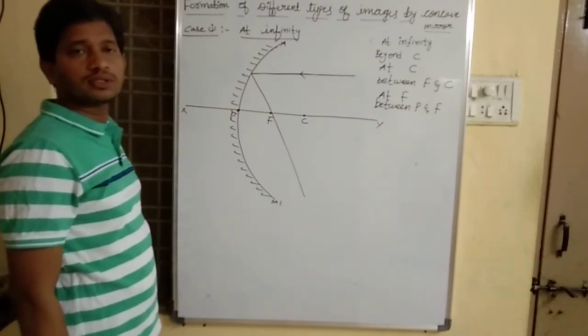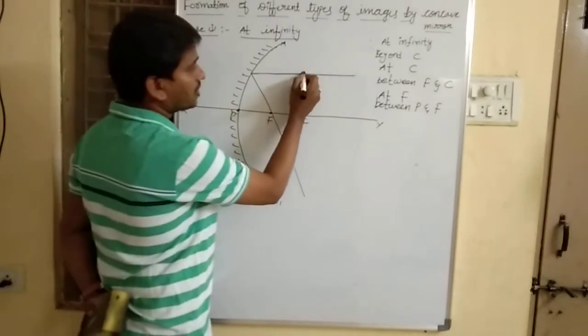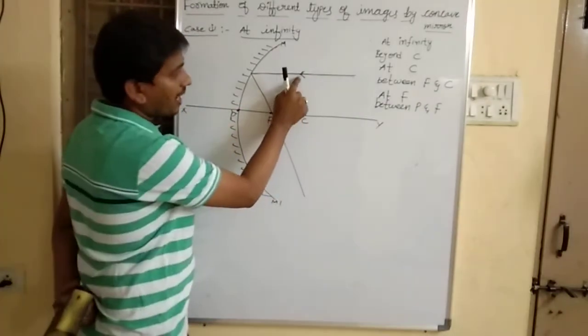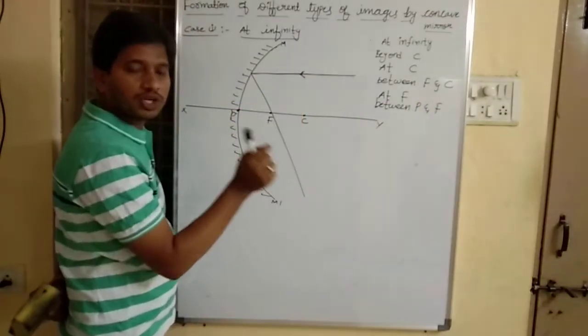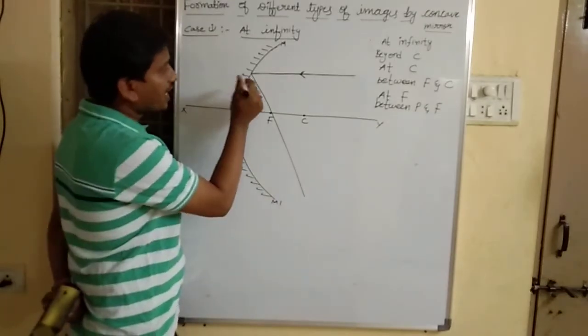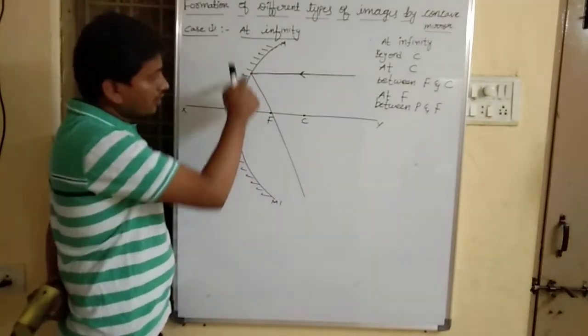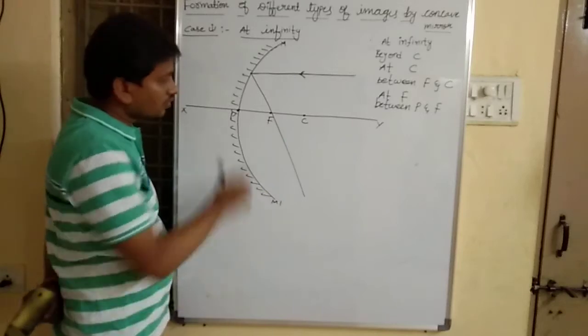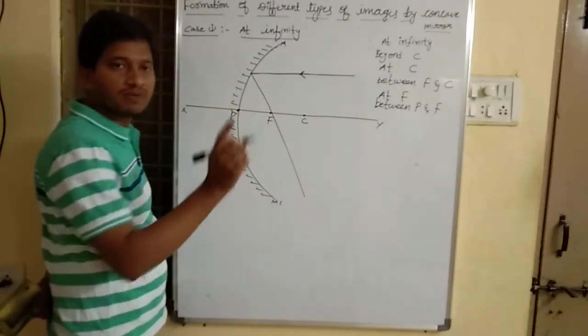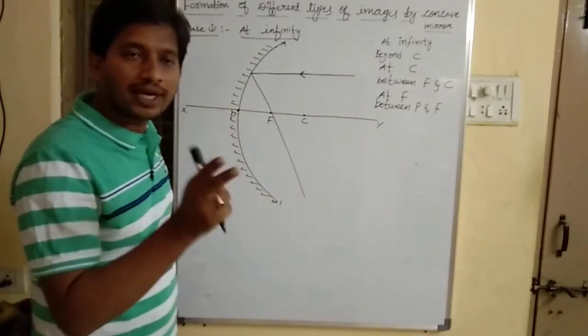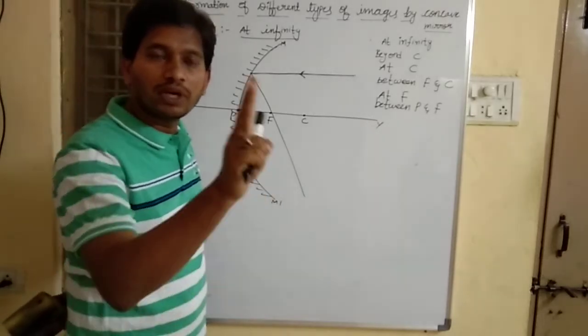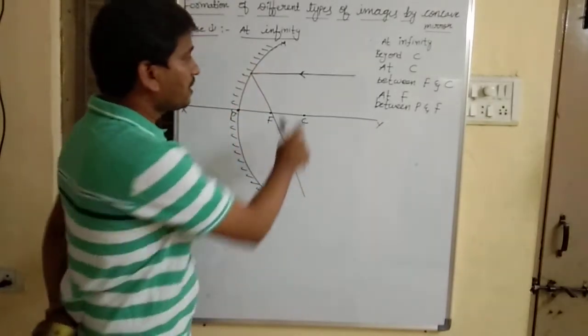This is my first ray, the incident ray, which is parallel to the principal axis. After striking the mirror at this point, it will reflect through the focus. As I told you, to get an image of an object, a minimum of 2 rays we require. This is my first ray.